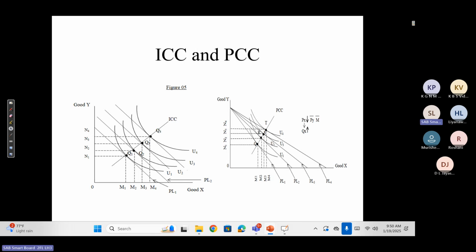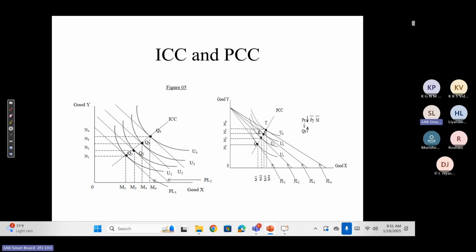Here, we look at income and demand. What kind of relationship is there between income and demand? When income increases, for normal goods demand rises, so this is an upward curve.